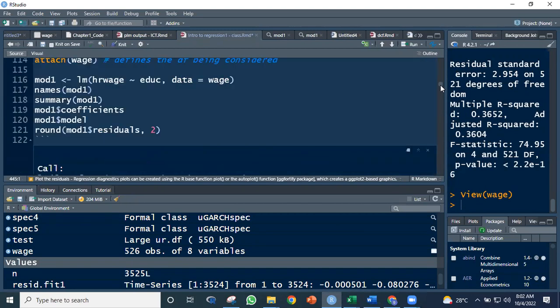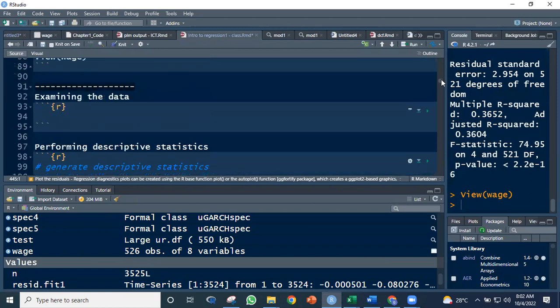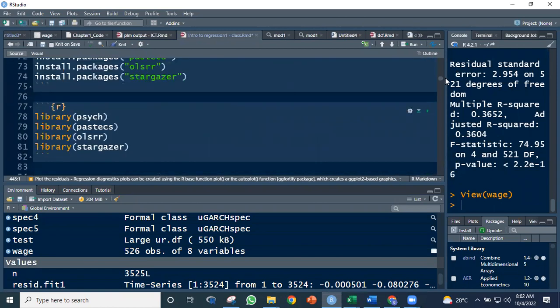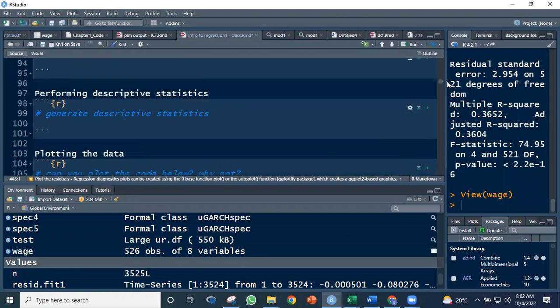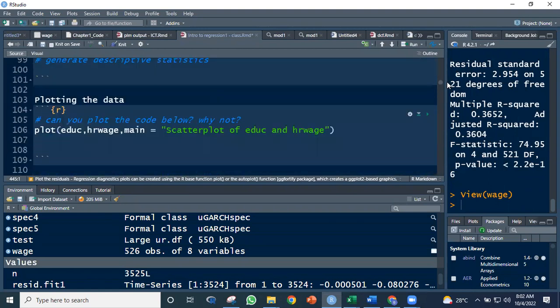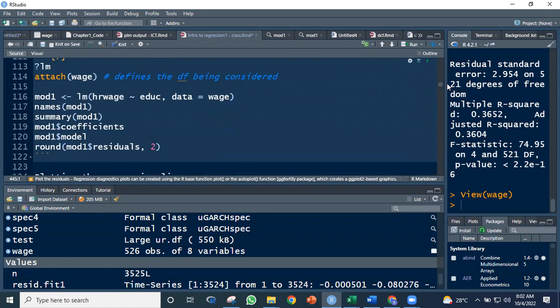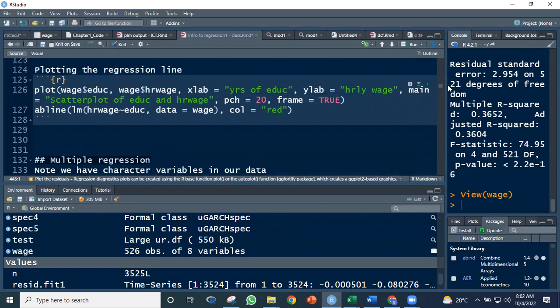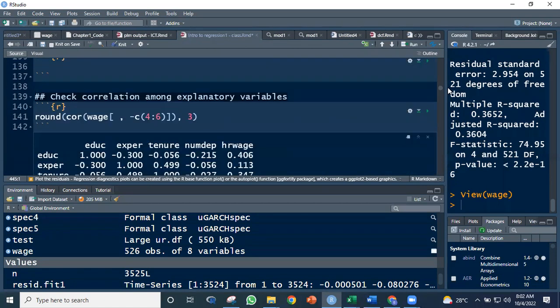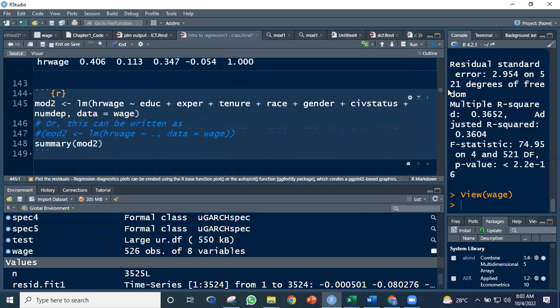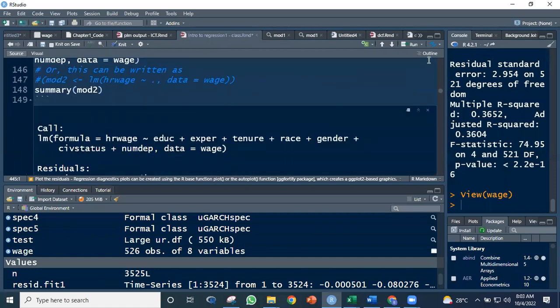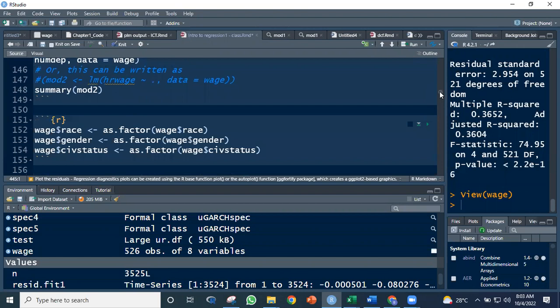So this is a quick review of what we have discussed so far. I hope that with the constant use of R, you're able to gain competency and you're more comfortable using the package.